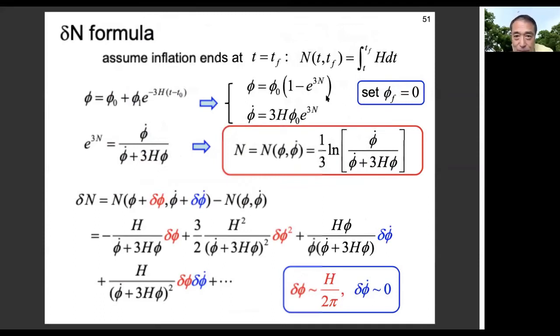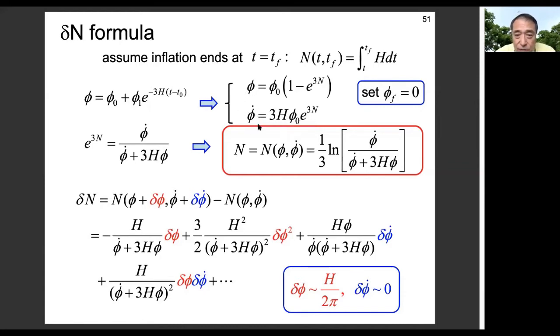Then you can find a general solution for phi in terms of N. Again, N is the number of e-folds counted backwards in time. So when N equals 0, phi equals 0. When N is large, meaning you go back in time, phi increases, in this case in the negative phi direction. And phi dot is given by this. Also, phi dot increases exponentially if you go back in time.